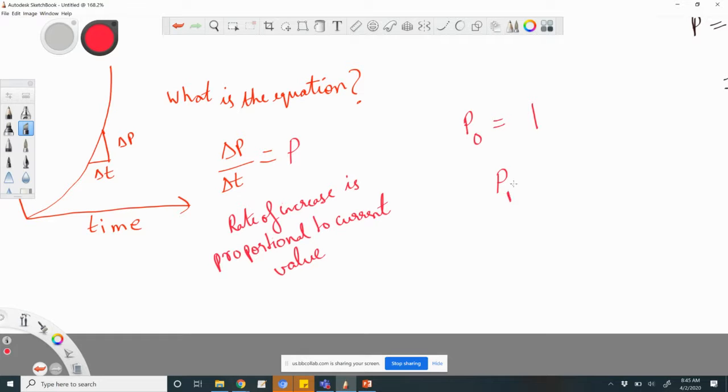So in general, your p1 would be p naught plus your delta p, right? This might be a little bit too much math. So instead, I'm just going to write your delta p over delta t would just be p naught, that's 1. So your new p1, what is that?